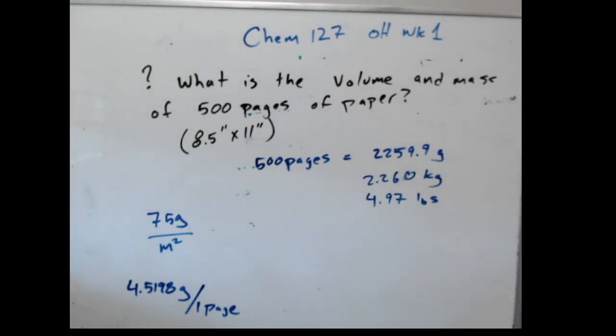I don't think there is a way to get this without a ruler or a density of paper, because we're just missing that volume aspect to it, right? We're missing that depth of it.